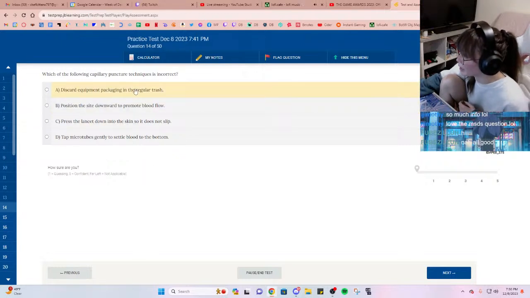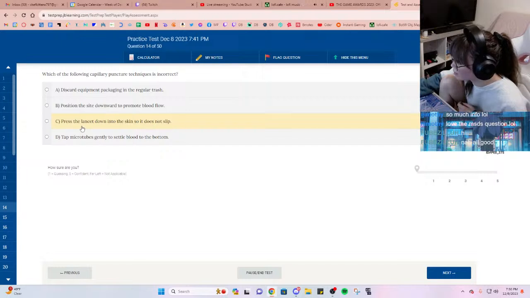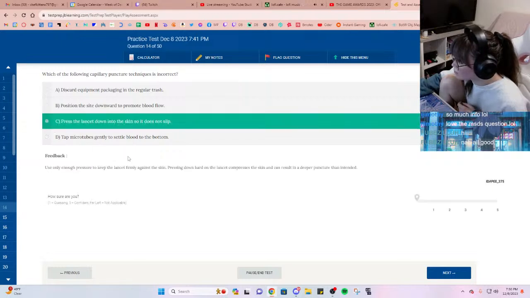Between discard equipment packaging in the regular trash and press the lancet down into the skin so it does not slip. Yes, okay. Use only enough pressure to keep the lancet firmly against the skin. Pressing down hard on the lancet compresses the skin and can result in a deeper puncture than intended.